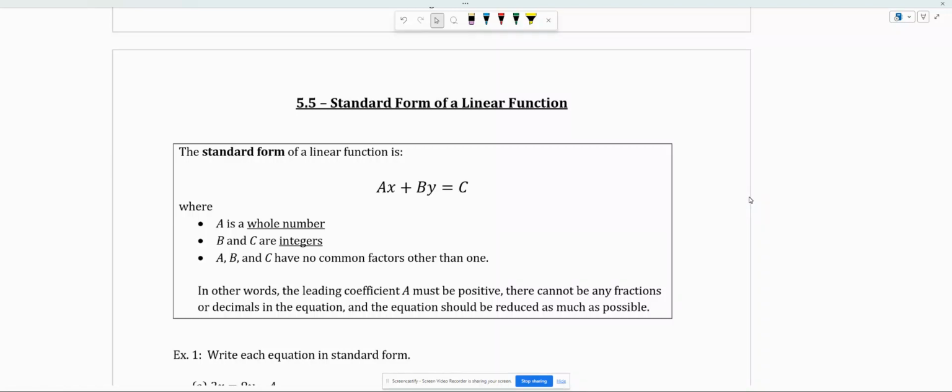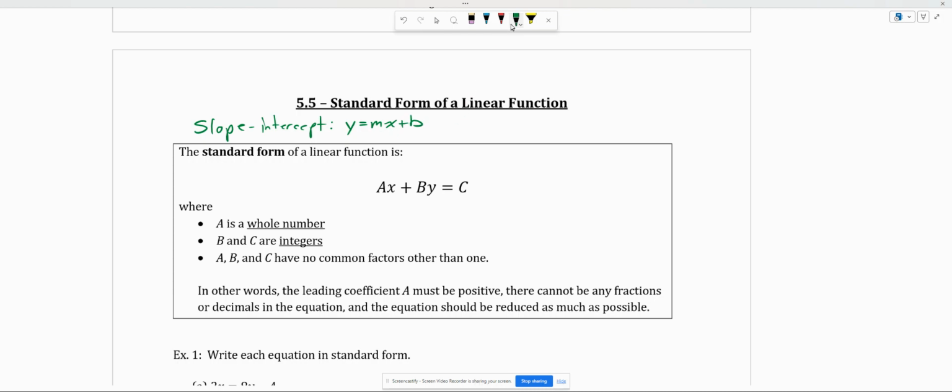So standard form. Recall, we have two other forms for lines. The first one, and it is honestly our favorite and the most commonly used one, is slope intercept. Slope intercept has the form y equals mx plus b, where m is our slope and b is our y-intercept.